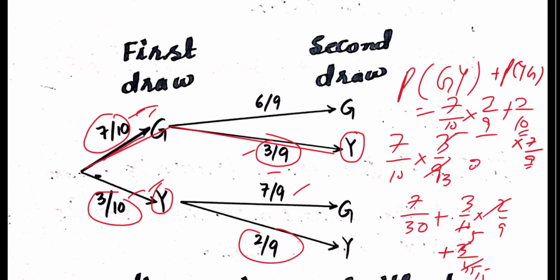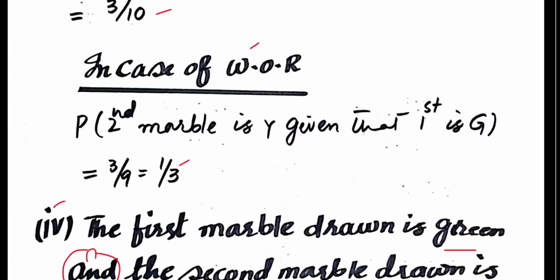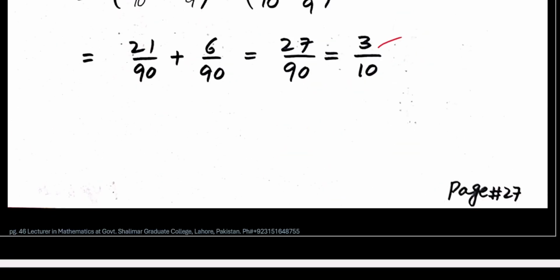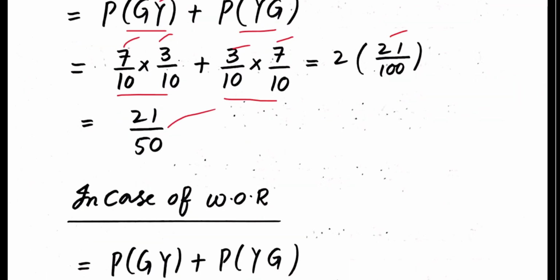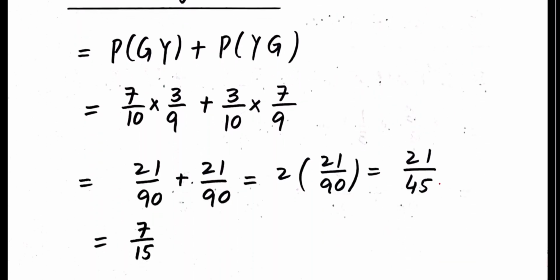So that's why it will again be 21 by 90 here. So it becomes 2 times 21 by 90, that is 21 by 45 or 7 by 15 here.